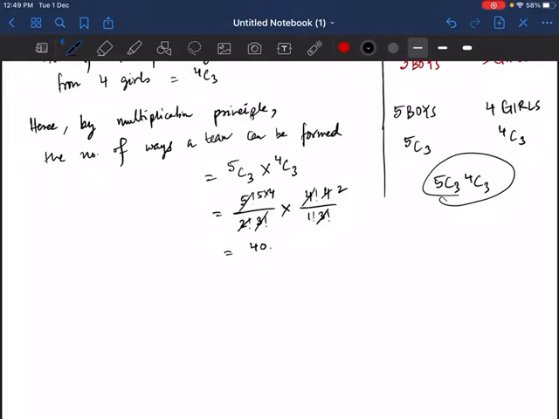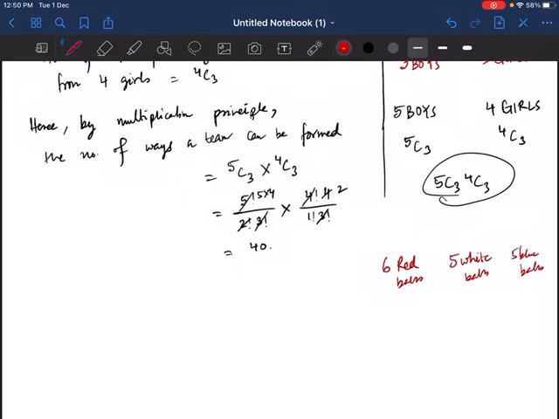So what is that? The number of ways of selecting 9 balls from 6 red balls, 5 white balls and 5 blue balls. So we basically have 6 red balls, then 5 white balls, and then 5 blue balls.